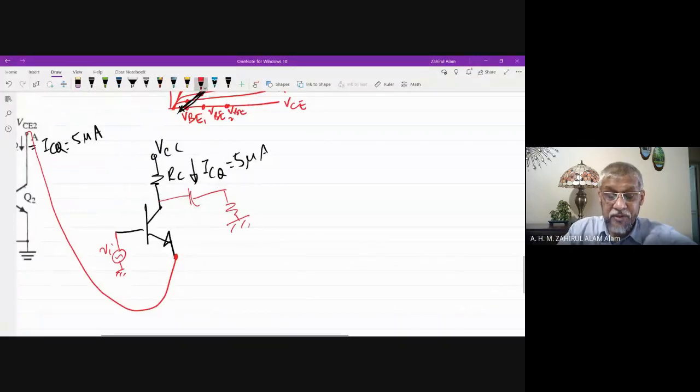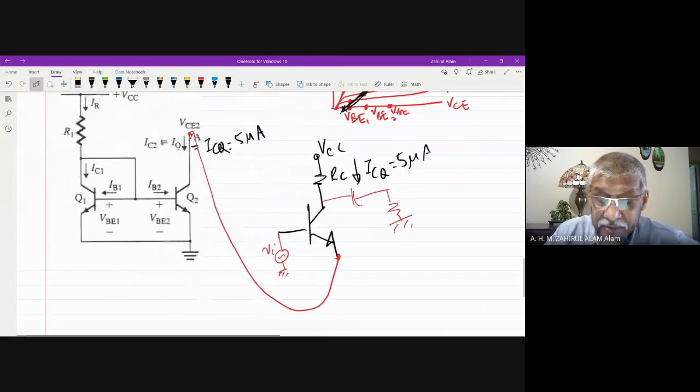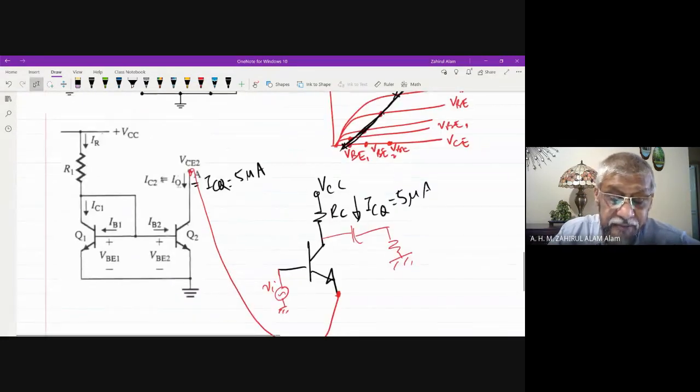So therefore we don't need R1, R2, and so on. We connect this output to this. Now, therefore, we need to design this configuration.